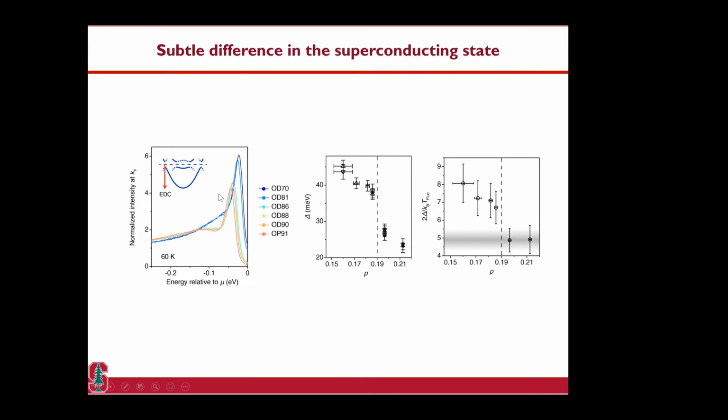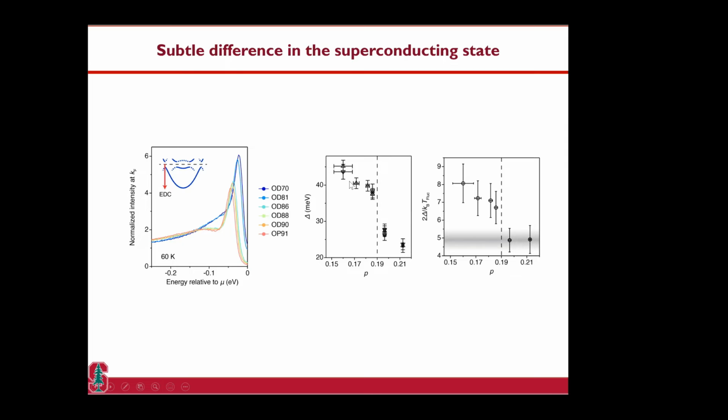If I plot the peak position to the left and to the right, and if you amplify that, then you can see the ones to the left belong to one group, and the ones to the right belong to one group.